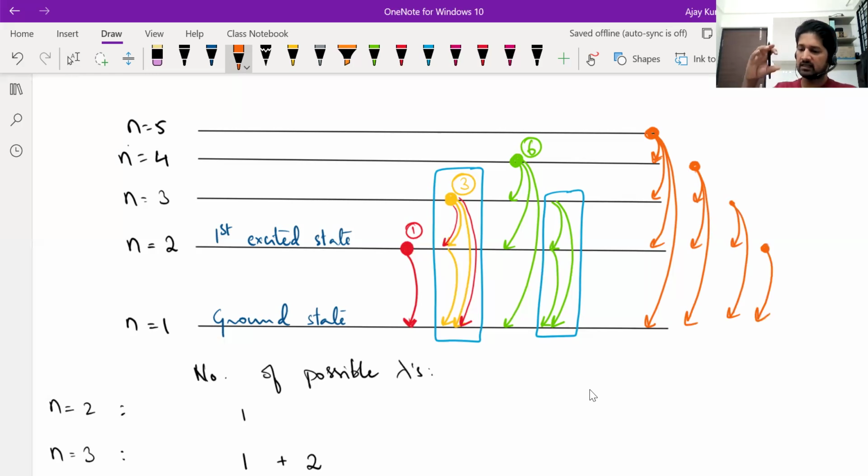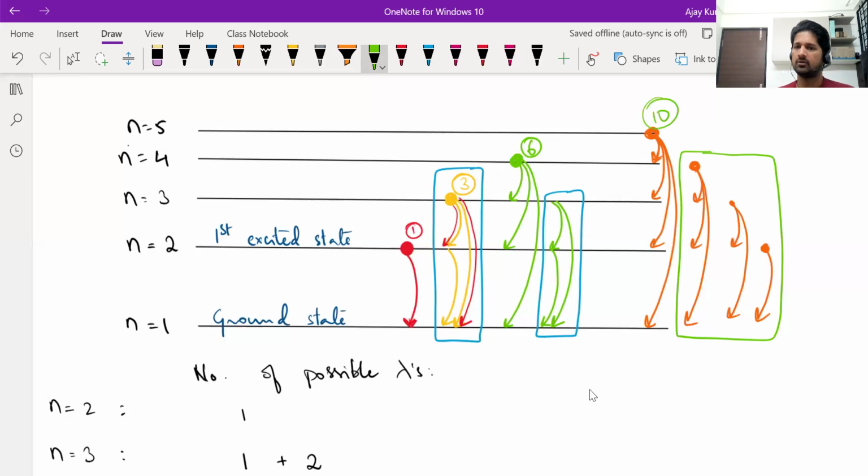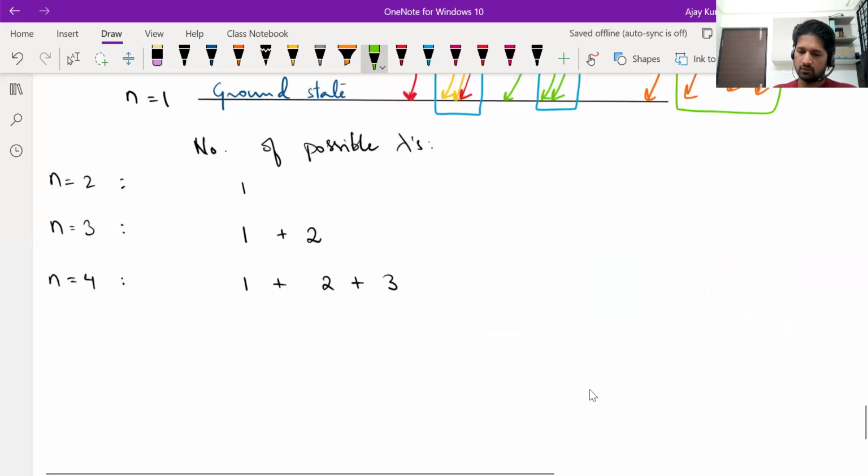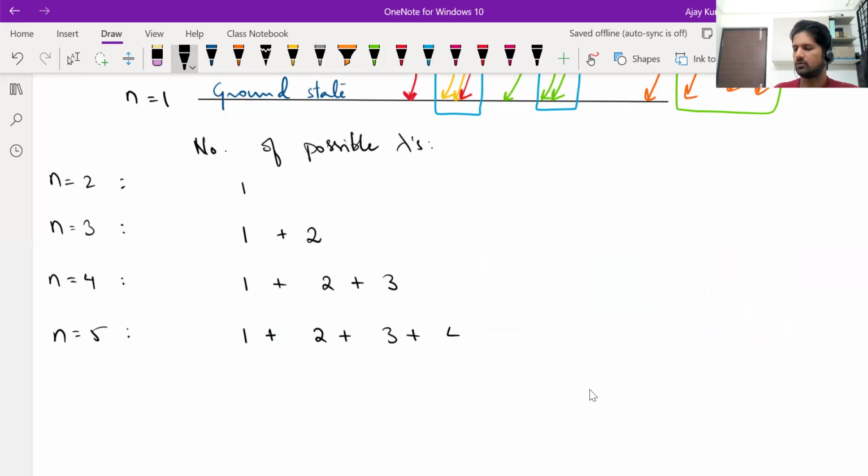Okay, so the entire set of 6 wavelengths which are possible while jumping from n equal to 4, that set of 6 wavelengths you will get here. In addition, you will get another 4. So totally 10 different wavelengths are possible while jumping down from n equal to 5. So if it is jumping from n equal to 5, the total number of possible wavelengths is 1 plus 2 plus 3 plus 4.